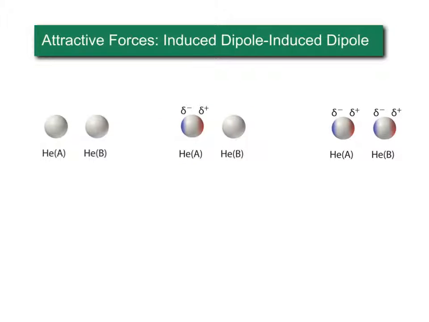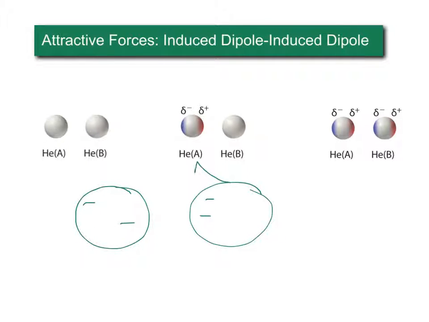All right, and then the last one is that we can have two induced dipoles interact with each other. So if we have two atoms of helium, for example, helium has two electrons, and they can move freely about the atom. And normally, there's no difference in charge on one side or the other. But as we talked about with the sheep in class, if you have two that are floating around, so maybe you have them like this sometimes, and then other times they might just by chance both end up over on one side.